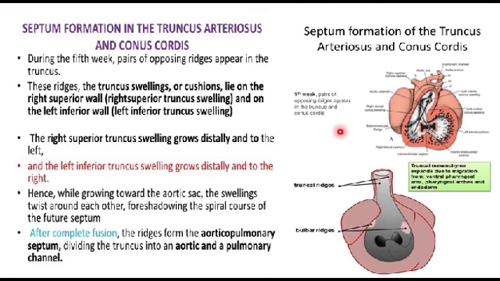The ridges which appear in the truncus arteriosus part are called truncal swellings, which are the right superior and the left inferior. And in the conus part, they are called bulbar swellings, which are right dorsal and left ventral.